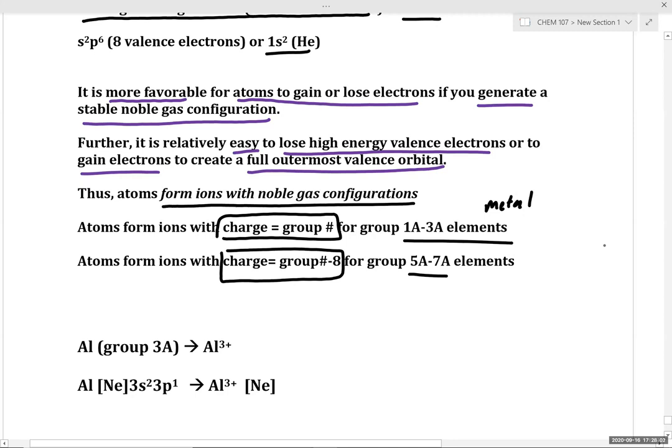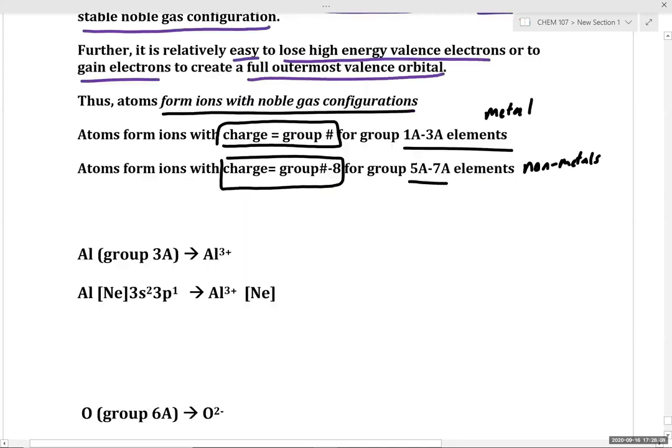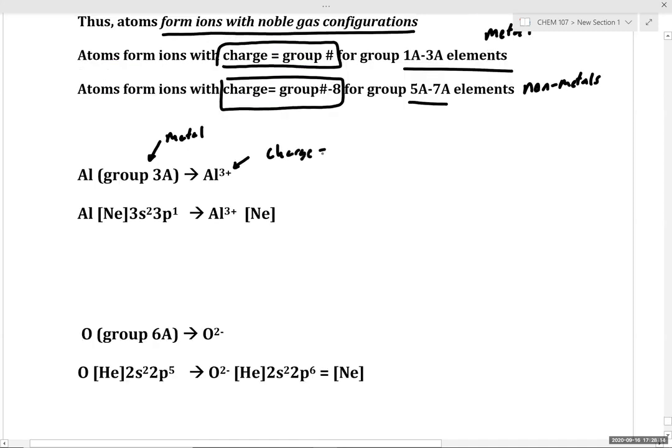So if we look at aluminum, for example, aluminum is a group 3A element and it's also a metal. So its charge is equal to the group number, which is +3. To help you visualize why this is occurring, aluminum has a configuration of neon 3s2, 3p1.